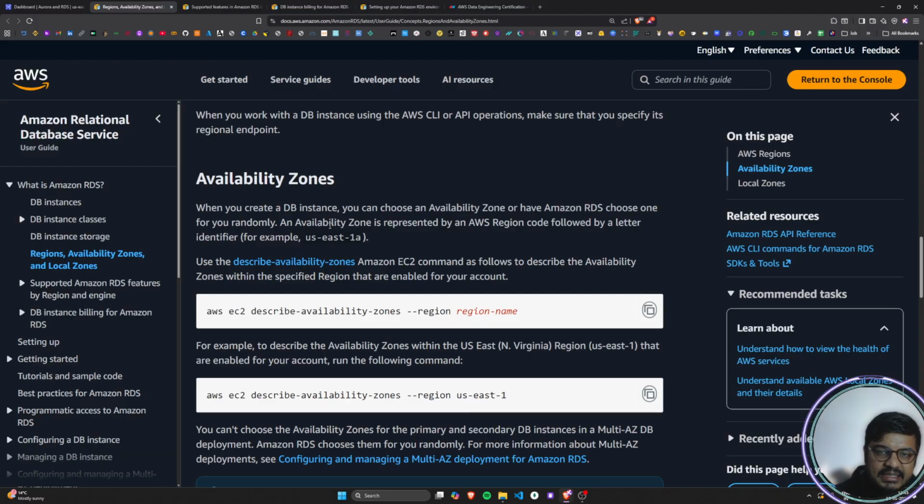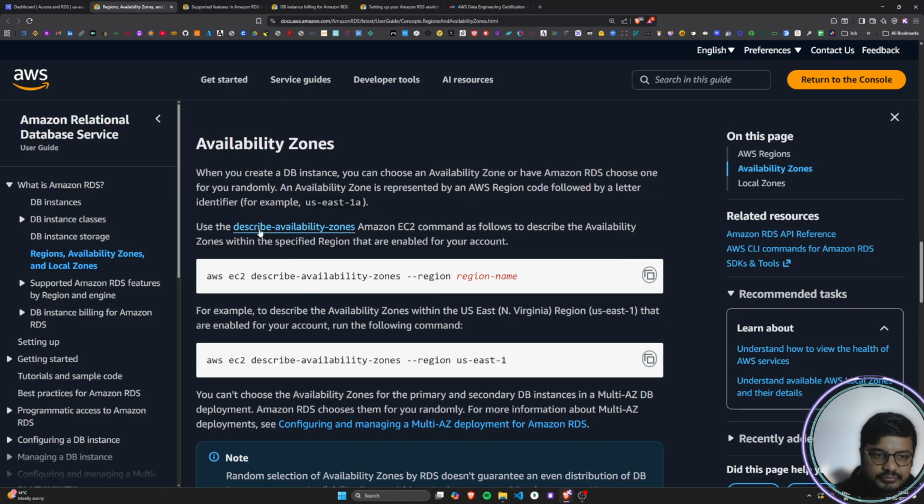We don't mention any availability zone, and AWS will automatically choose the availability zone randomly. An availability zone is represented by an AWS region code followed by a letter identifier, for example, us-east-1a. So 1a is one of the availability zones.